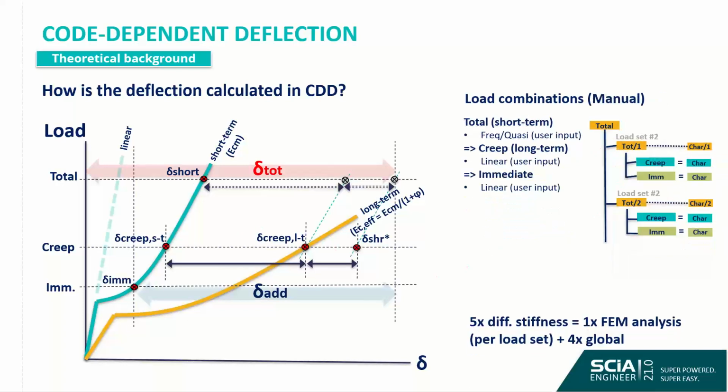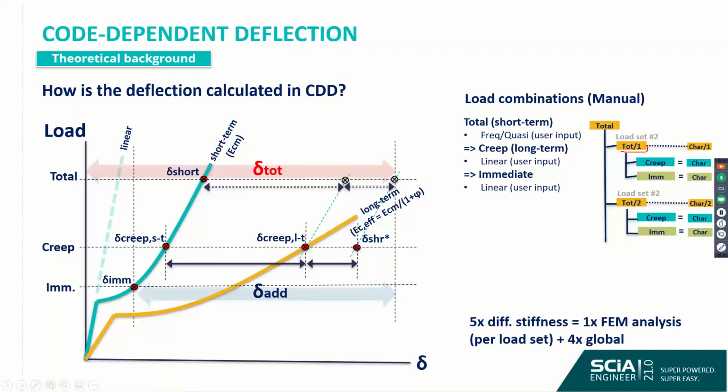Okay. Then we have another approach which I will describe later in detail, and this is the manual way how you can define the combination. So again, for total, as always, you input some frequent, quasi-permanent, whatever you want, and then for creep and immediate deflection, you can also input your user-defined combination. Now it can be just a linear combination, and this linear combination is always used for each load set.